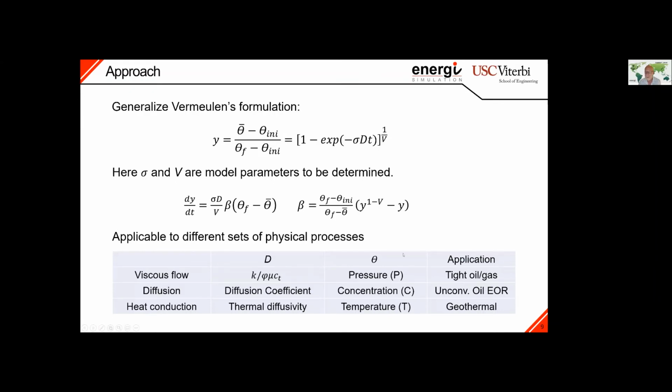Now, the applications: pressure response of viscous flow in tight oil and gas systems, diffusion coefficients, enhanced recovery from unconventional oil systems, and temperature variation. If you're looking at fractured geothermal systems, this might be a very useful formulation as well.